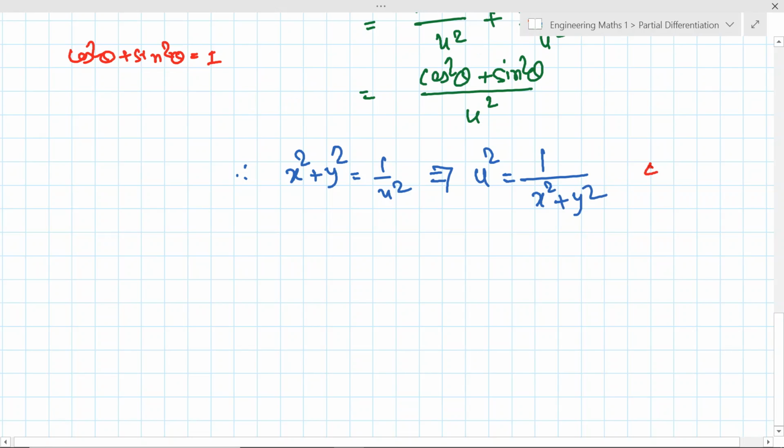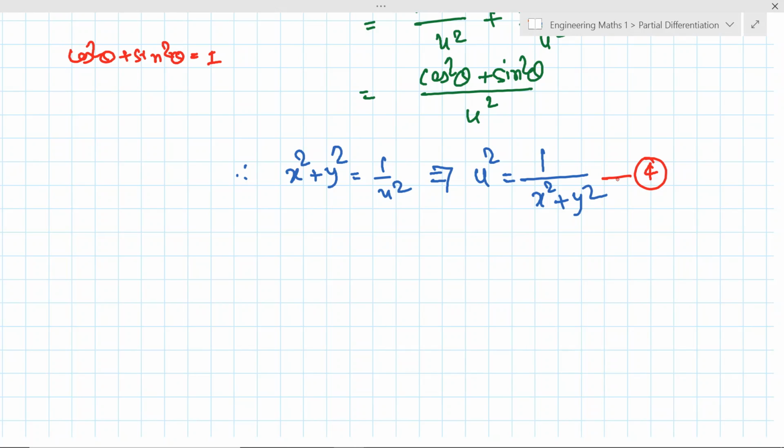Call it equation number 4. This is a very important equation: u square is equal to 1 upon x square plus y square, isn't it? There is no theta in this expression. We merge the two equations from the example and get a new expression which does not contain theta, and this will help us find the remaining two terms.